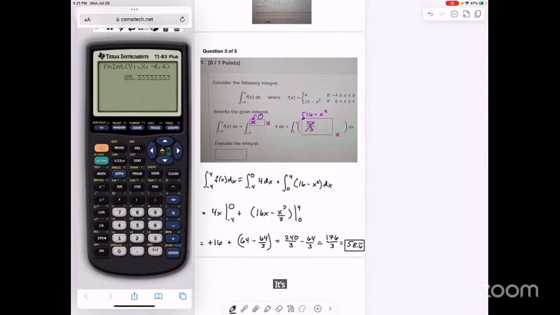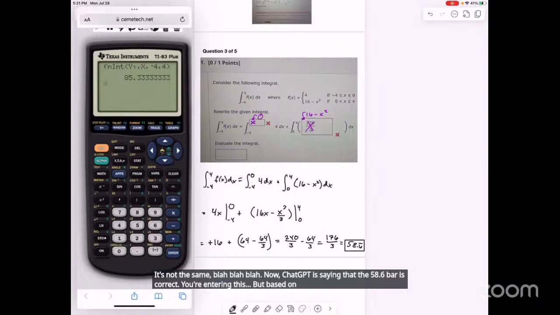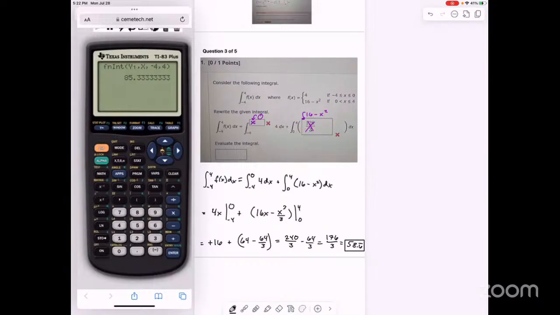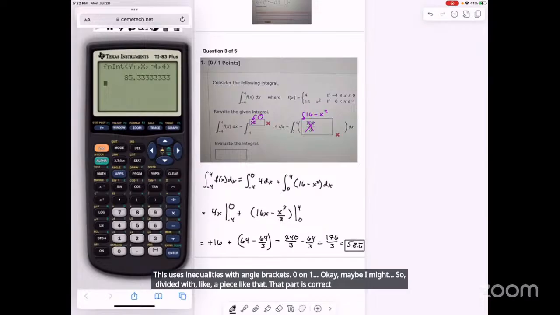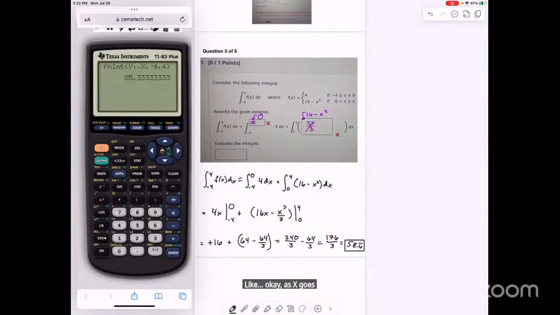It's not the same, blah, blah, blah. Now, ChatGPT is saying that the 58.6 bar is correct. You're entering this, but based on your equation is incorrect. This uses inequalities with angle brackets, 0 or 1. So the evaluation is correct in theory.